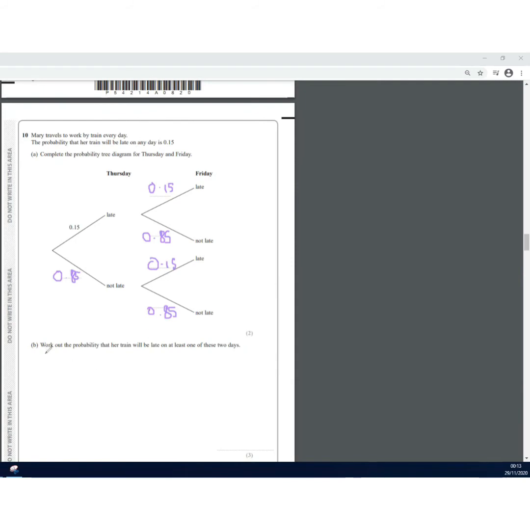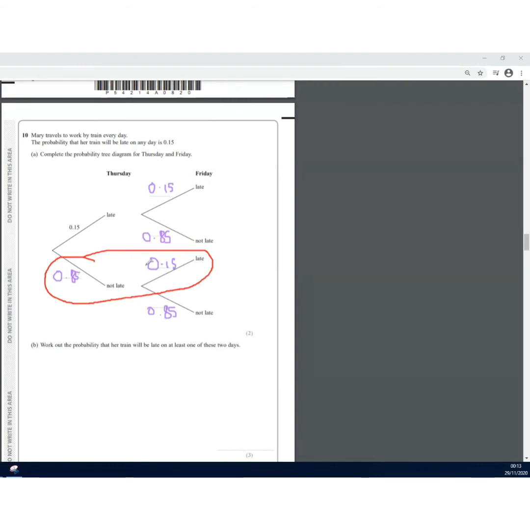In part B, they want us to work out the probability that her train will be late on at least one of these 2 days. So what are the possibilities here? The train will be late on at least one of these 2 days. So if it's not late on Thursday, it must be late on Friday.